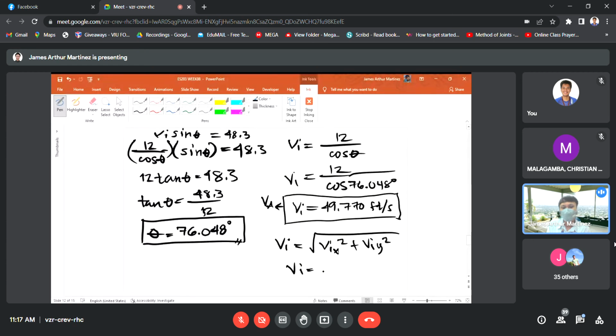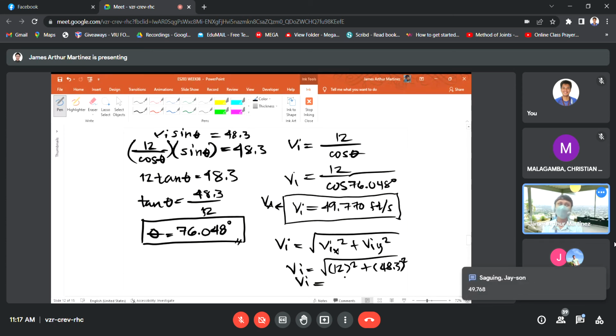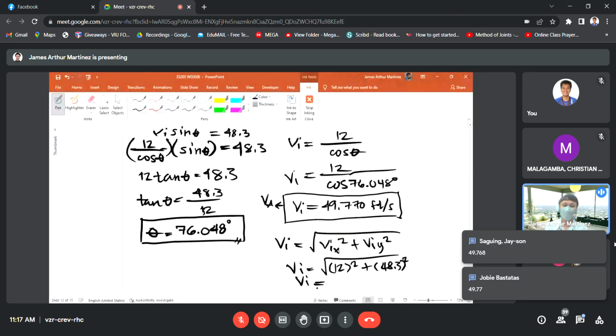Therefore, VI is equal to the square root of 12 squared plus 48.3 squared. How much is VI? It should be equal to 49.770, plus, for our solution to be valid.